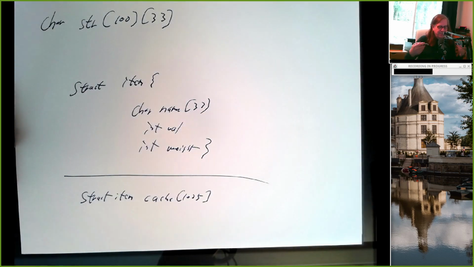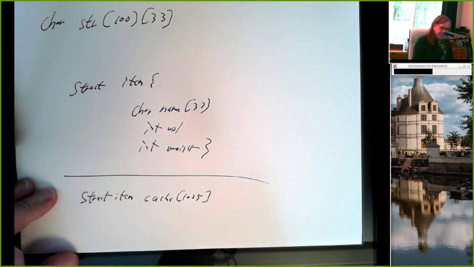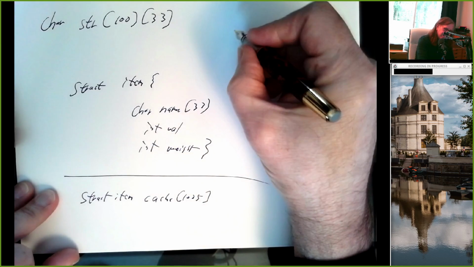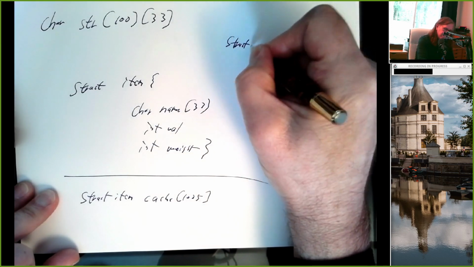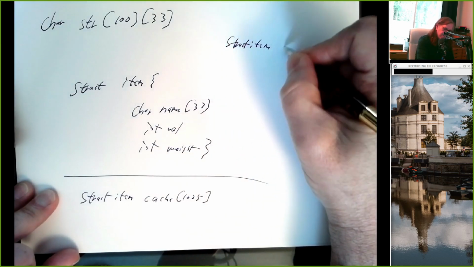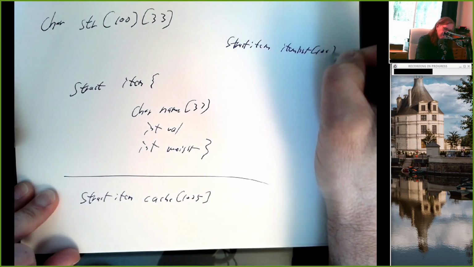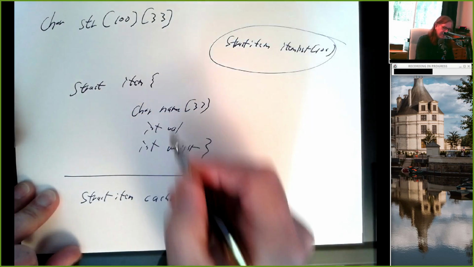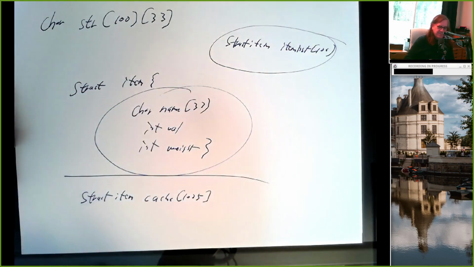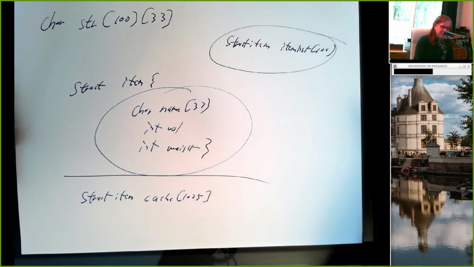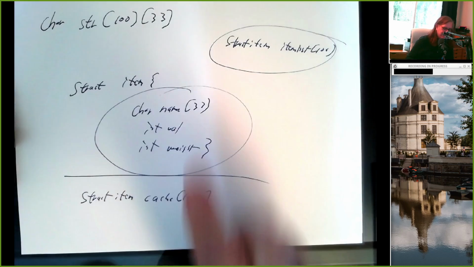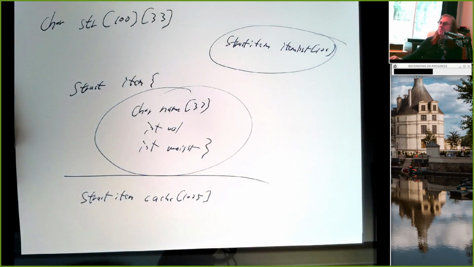Or when you're building up your inventory, struct item list. And now you just have an array of 100 of these things. And you can do item list bracket index dot value, dot weight, or dot name. Yeah, I think that'll be simpler.